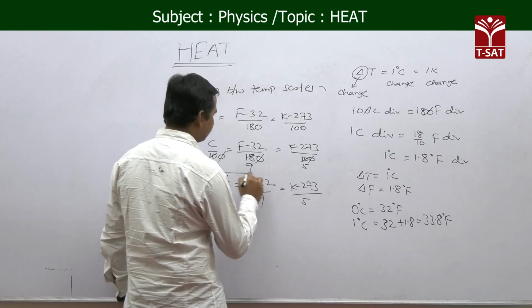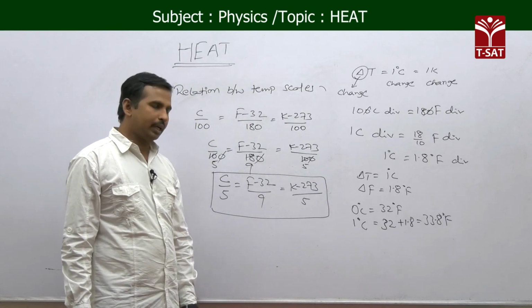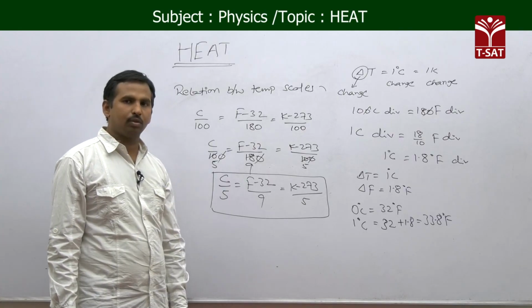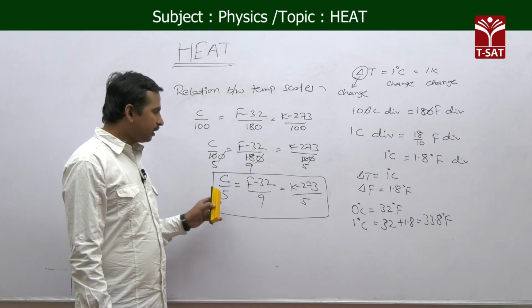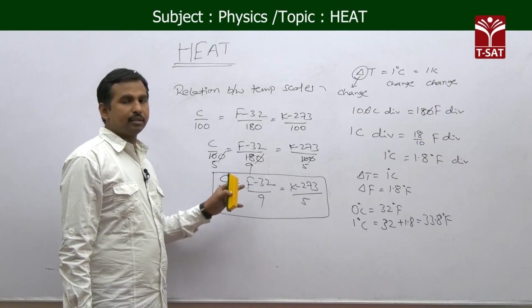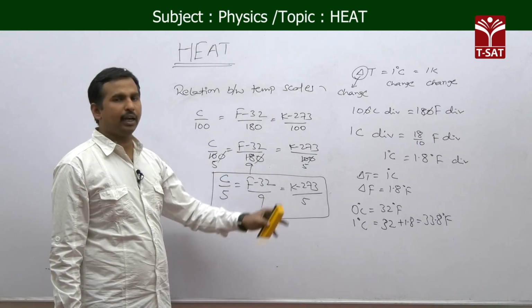So C by 5 is equal to F minus 32 by 9 is equal to K minus 273 by 5. This is the relation between the temperature scale readings of the three different scales: Celsius, Fahrenheit and Kelvin.